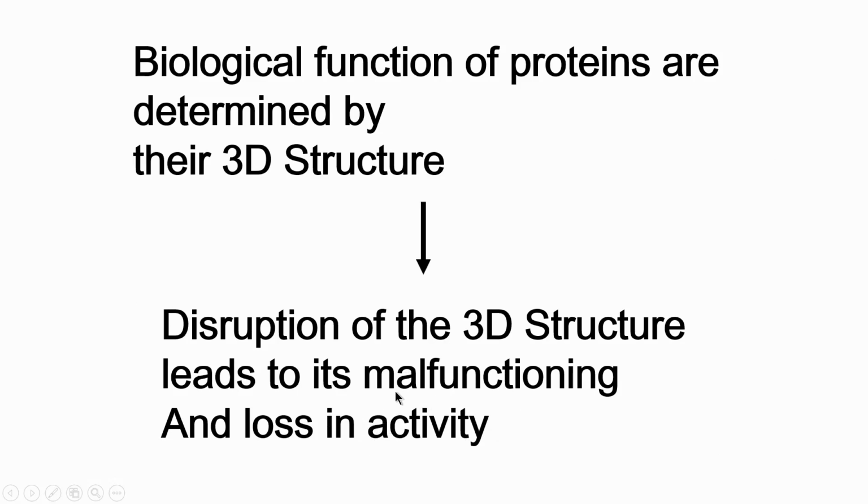Similarly, sickle cell anemia is a well known disease in which one amino acid in hemoglobin is mutated, and that results in a change in the structure of the protein and loss or reduction in activity. So, there are many possible changes in structure happening in our body which can result in the structure getting disrupted, changed, or basically damaged, and that can result in malfunctioning.